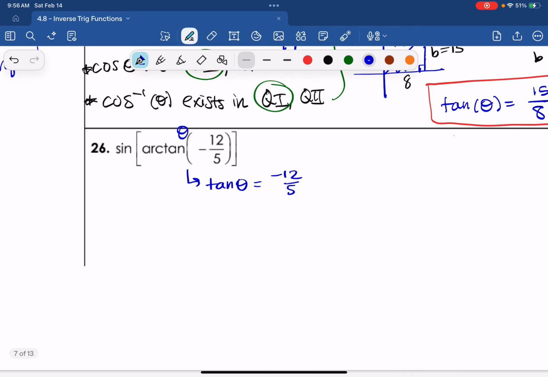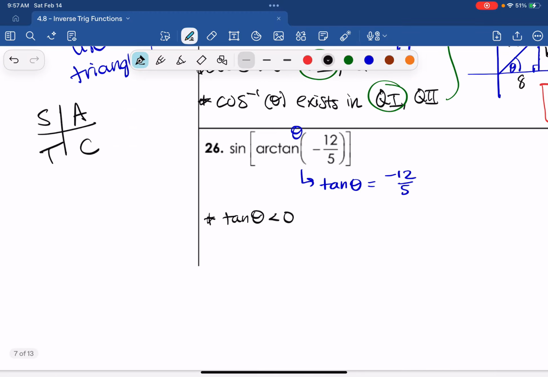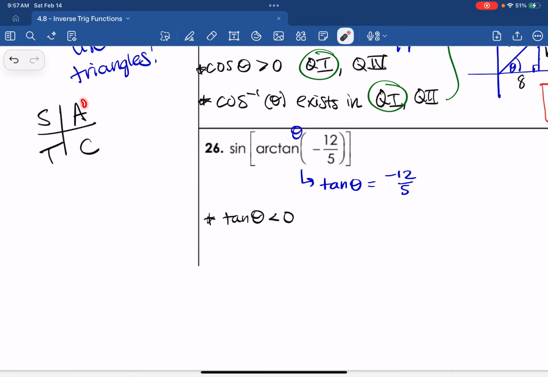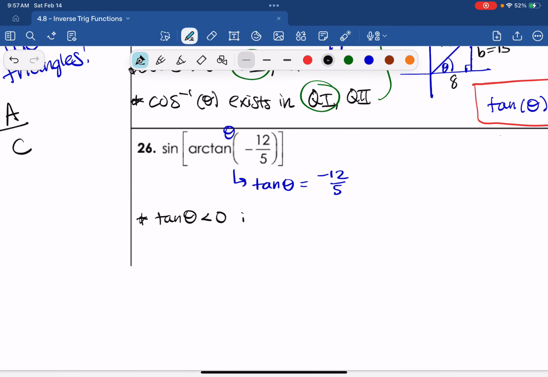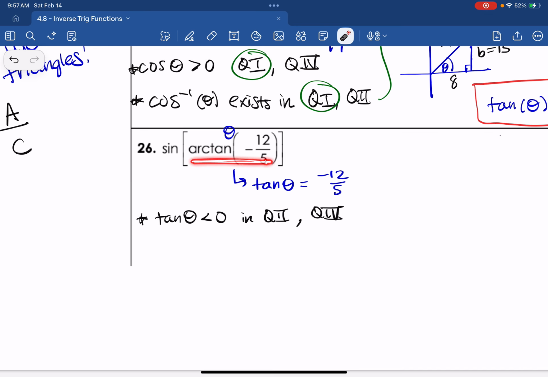So now I have to think about what quadrant theta is going to be in. I have two things to consider. We know that tangent is negative. So where is tangent negative? Well, I know tangent is positive in quadrants 1 and 3, so it has to be negative in quadrants 2 and 4. But then we also have to consider the restrictions for arctangent.